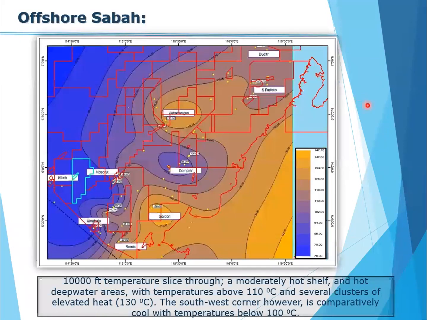So here we have what I call a temperature slice through the basin. We are seeing here a portion of Sabah, and it's like I have sliced through the basin at 10,000 feet, and then put the temperatures.